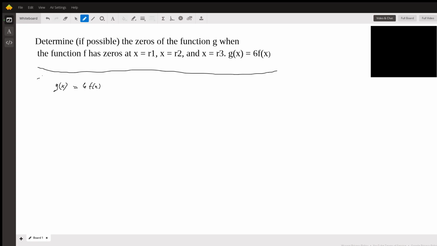If x comma y lies on f, then x comma 6y, that point will lie on g. Another way of saying it is this is a vertical stretch of 6.